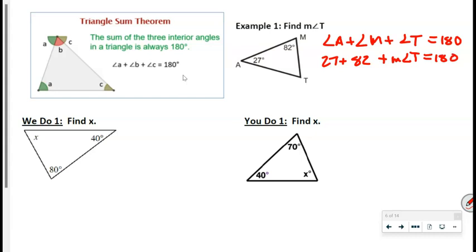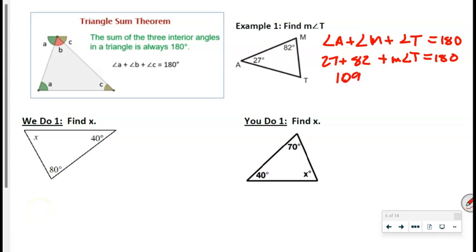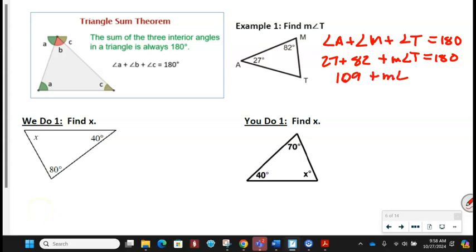So I want to add the 27 to the 82. I get 109 plus the measure of angle T equals 180. To solve it, subtract 109 from both sides. So the measure of angle T is going to be equal to 72 degrees. The way you can check that is to plug it back up there and add all three together, and make sure it equals 180.